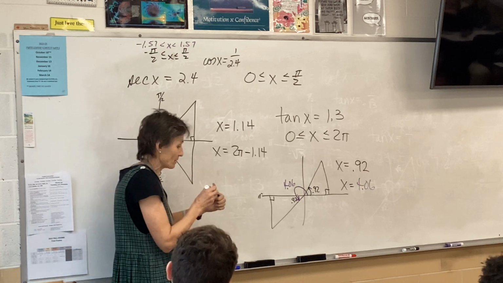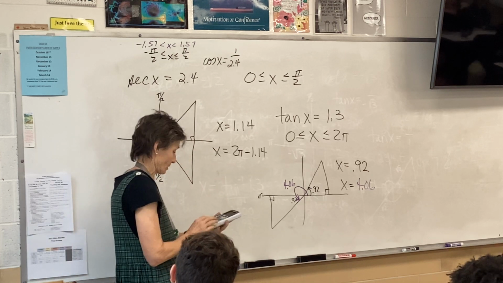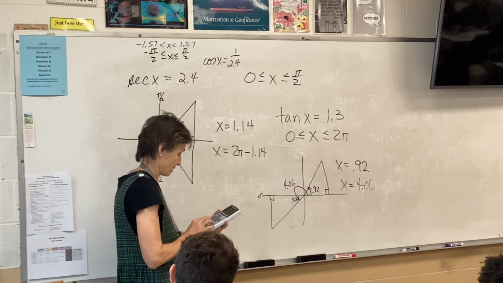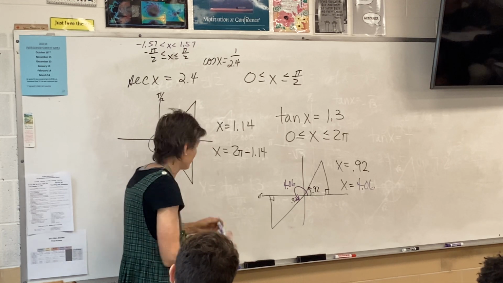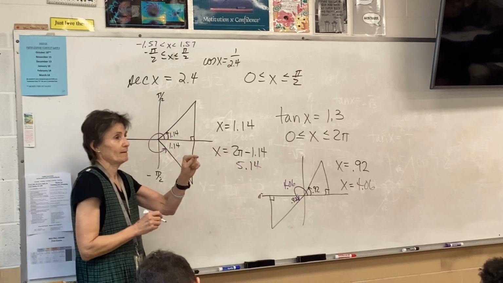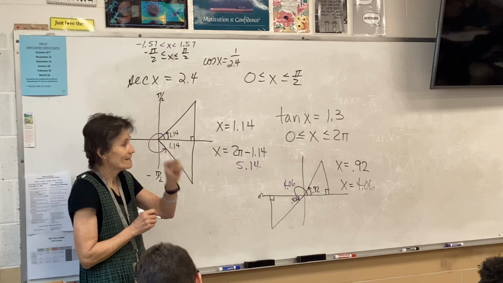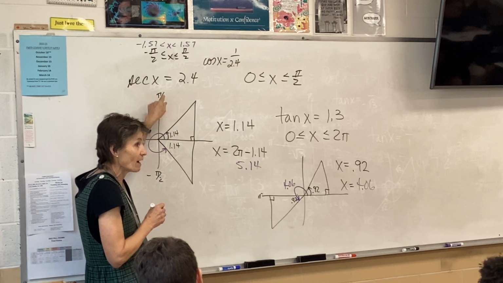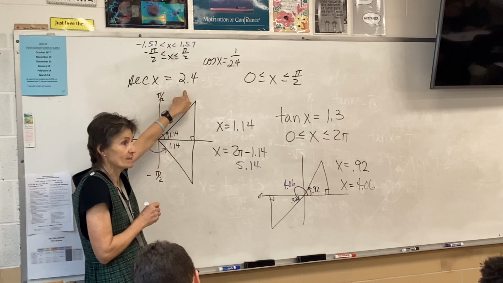Well, I don't know what 2 pi minus 1.14 is. That's like 5 something. That's 5.14. Now, again, boys and girls, listen. 5.14 is an answer to this question. If you did the secant of 5.14, it would be this.